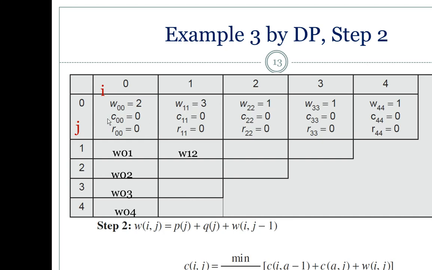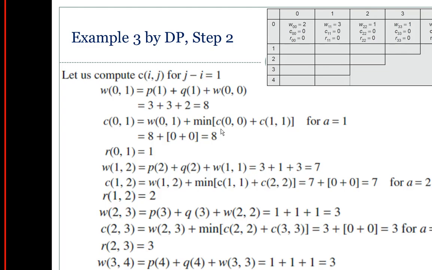So for these 4 boxes we have to find out the value for weight, cost and root. Again we have to apply the formula by using dynamic programming, find out the values, and mention all those values in a table.